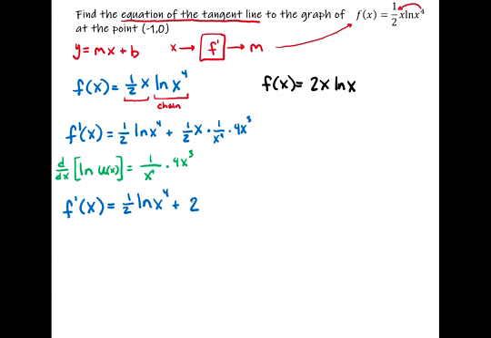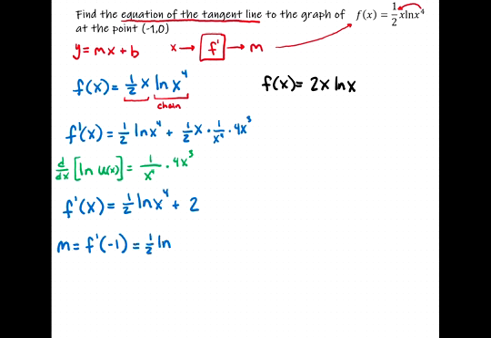So now the slope of the tangent line is f prime of -1. So we're plugging in the x value. So we're looking at the point -1, 0. Negative 1 is our x value, so we plug that into our derivative. So we get 1/2 times the natural log.